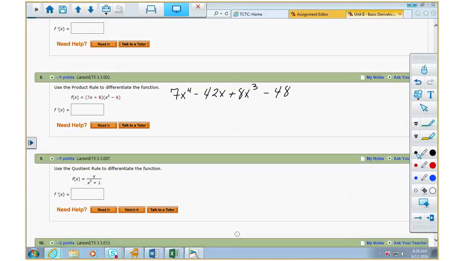Y'all check me on that. So that'd be 7x to the 4th plus 8x cubed minus 42x minus 48.